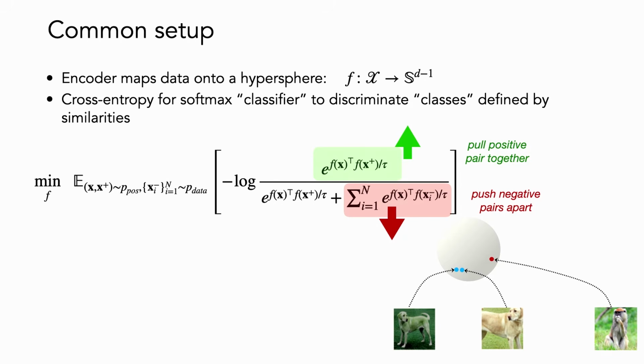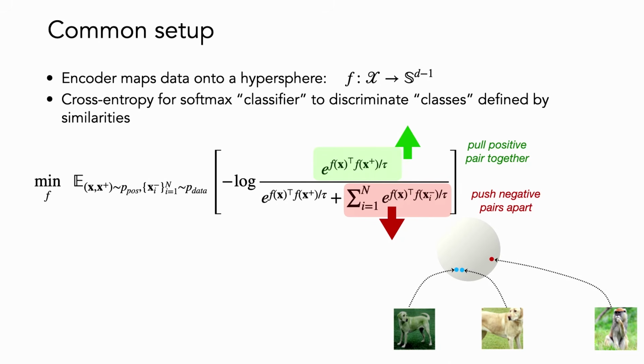Because that would mean that they were as close as possible on the sphere. And so now instead of minimizing distance, we can maximize that inner product. So that minimizes the angle between the two of them. And then essentially what we want to do is make this green part as big as possible, right? So that's maximizing the inner product between those two things. And we want to make the red part as small as possible, which is going to give us the largest possible overall thing.